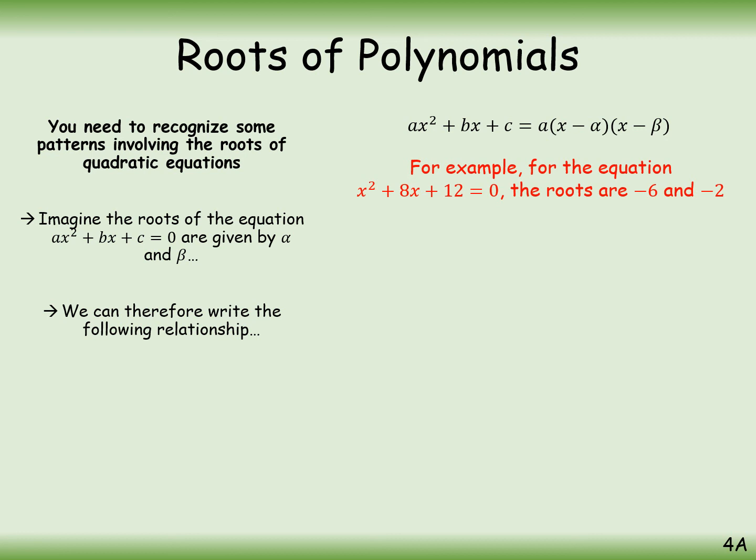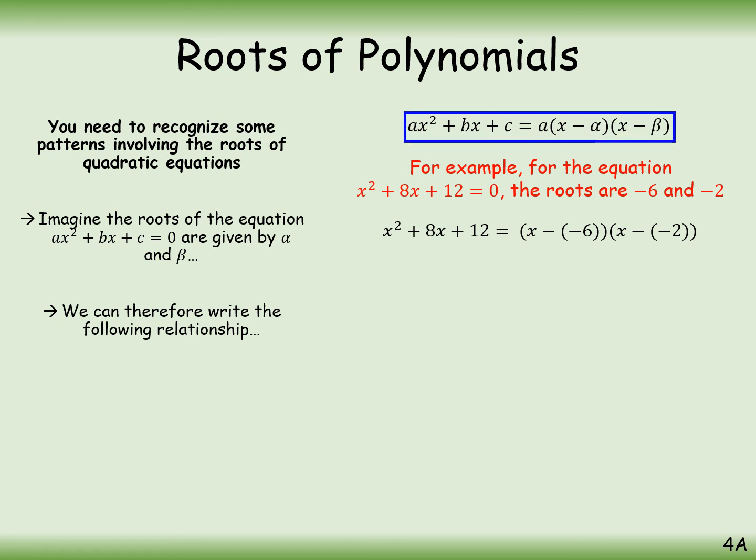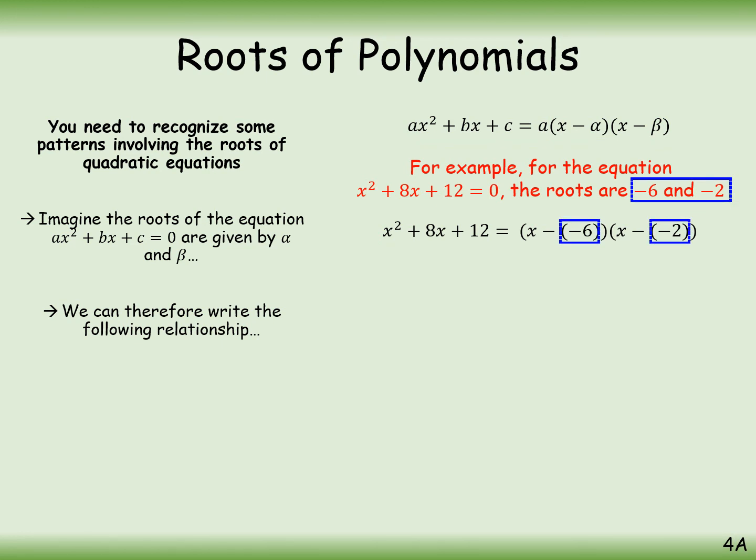For example, for the quadratic x squared plus 8x plus 12, the roots are minus 6 and minus 2. If we use this format, we see that this can be written as (x minus minus 6)(x minus minus 2), which we know is just (x plus 6)(x plus 2).